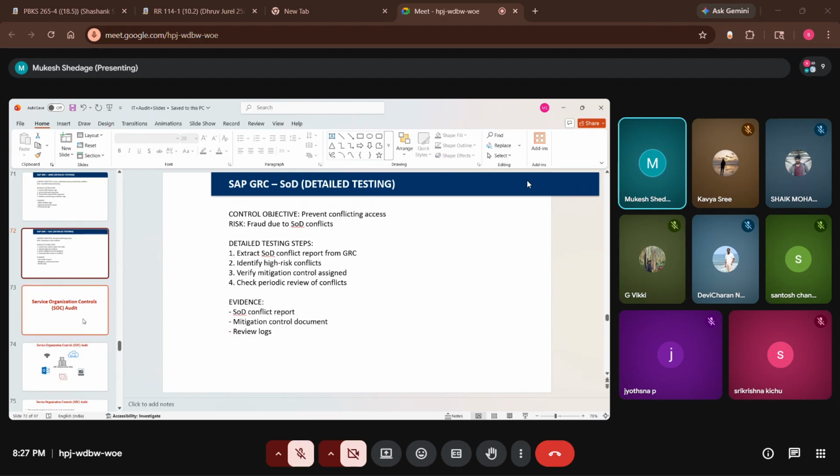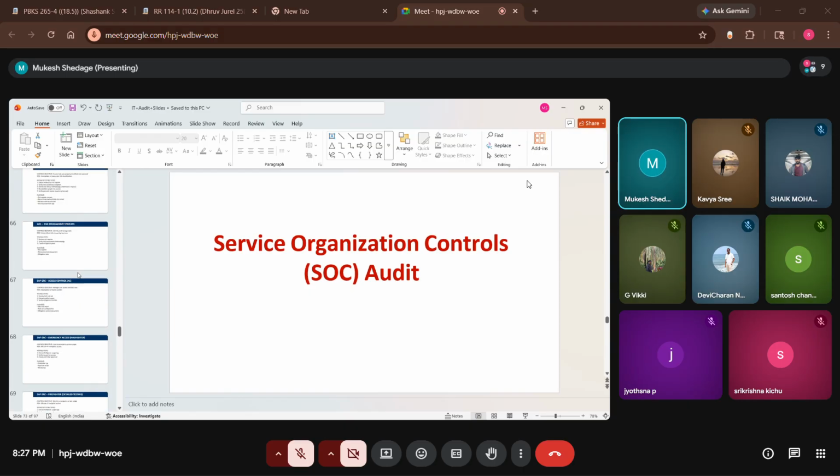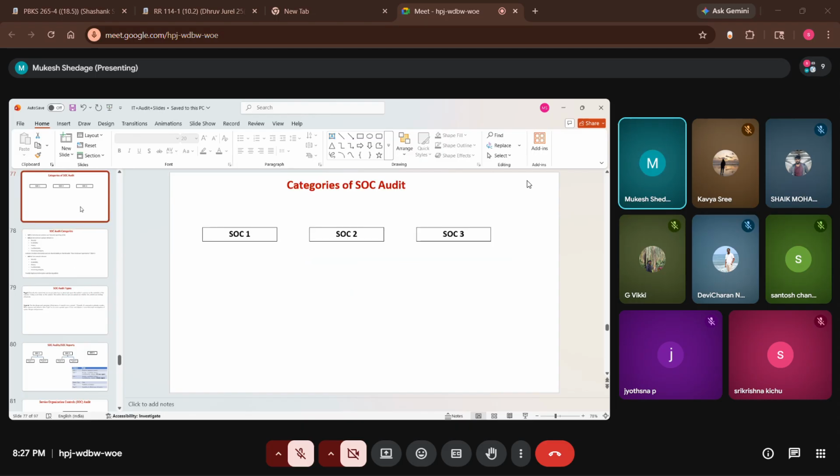Now comes the SOC, service organization control. Before going to SOC, take a moment and see if there is any doubt, so that we can go for SOC. If you have any doubt, you can ask me.